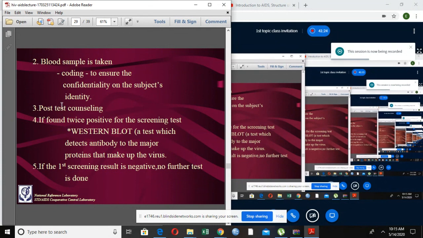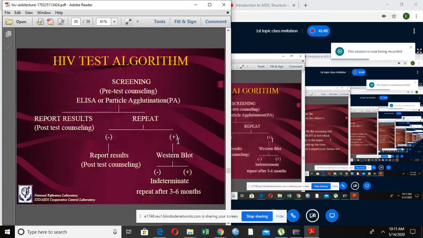If found positive, the test is repeated again. If found twice positive on the screening test, it is confirmed; if the first screening test result is negative, no further test is done. So if a person is HIV and AIDS positive, you test again to ensure that there is no confusion.